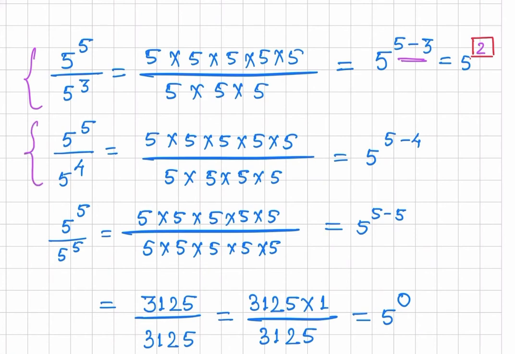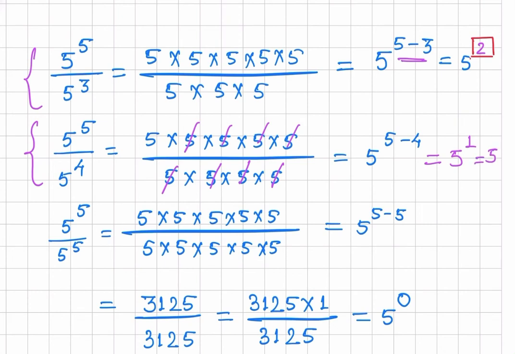If you divide 5 raised to 5 by 5 raised to 4, that's nothing but 5 raised to 5 minus 4. So this is 5 raised to 1. Or you can just cancel all the common numbers, so that would get just 5.